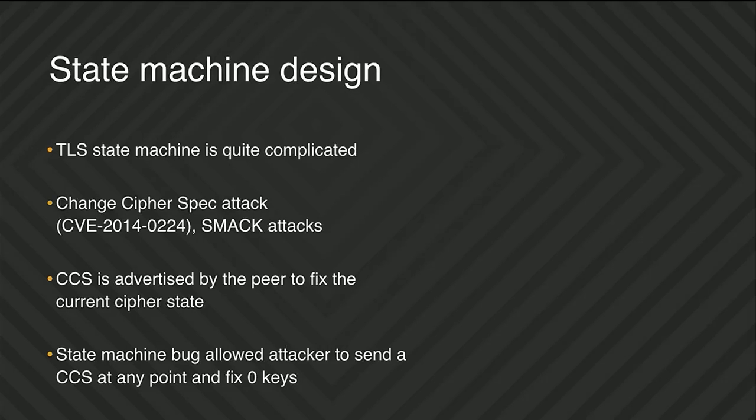TLS 1.2 has a special message called change cipher spec. OpenSSL had this vulnerability where you could inject this message at any point in the handshake and force OpenSSL to use zero keys. So even though the protocol is secure, you would use key zero, so that anybody could decrypt your traffic. We wanted to avoid these kinds of attacks.